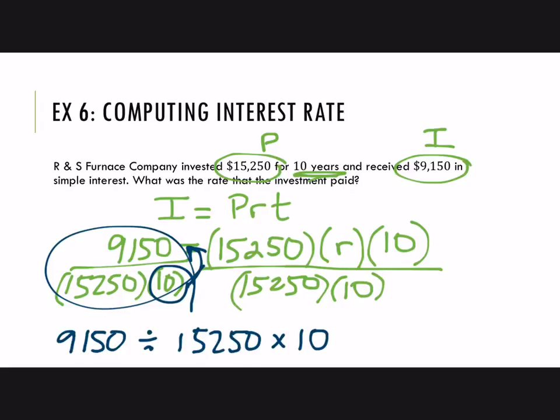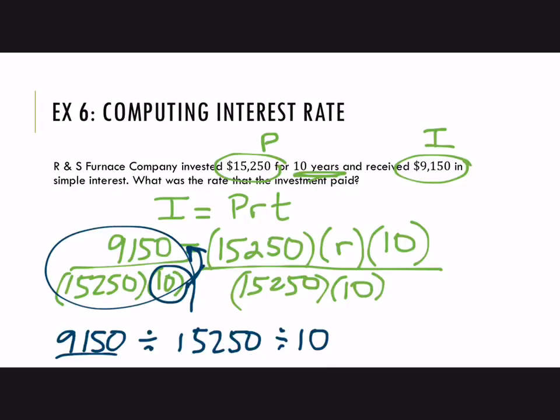You can either put parentheses around these two numbers, and that tells the calculator, I'm going to divide by both of those two things. Or your other option is to use a division symbol here, and in the calculator that's saying take the 9,150, divide it by 15,250, and then also divide it by 10. So those are your two options.